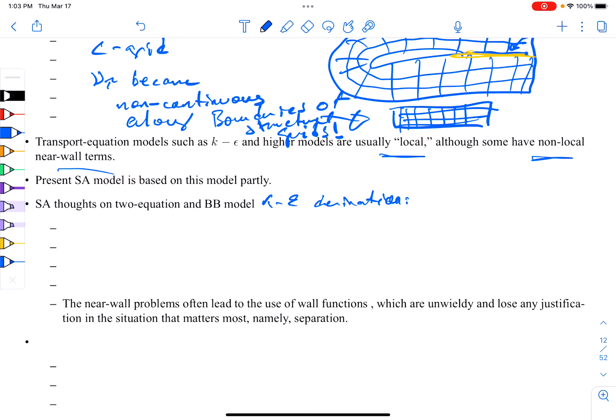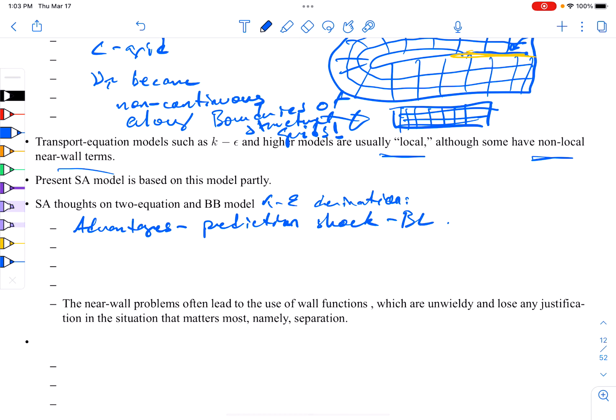They did see some advantages for these approaches, as you'll see today, for predicting shock boundary layer interaction. And they're definitely superior for massive separation problems.